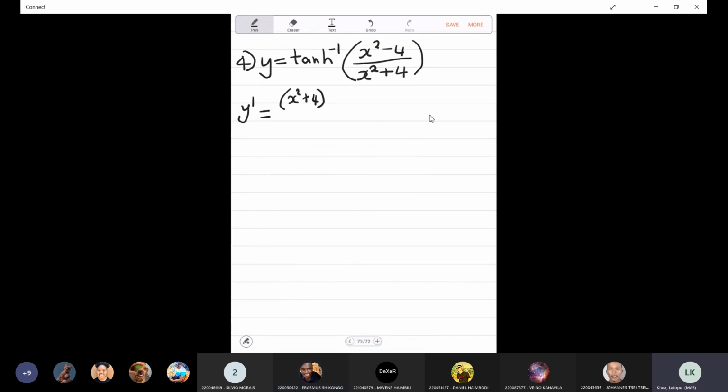3 times the derivative of the numerator, which is 2x, minus the numerator as it is, times the derivative of the denominator, over the denominator squared.